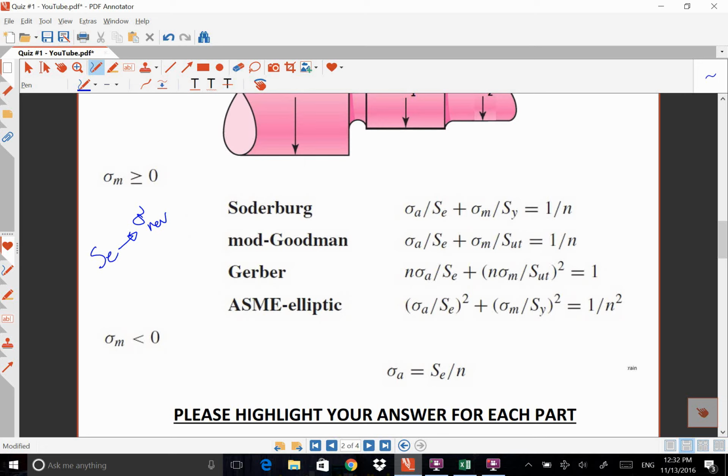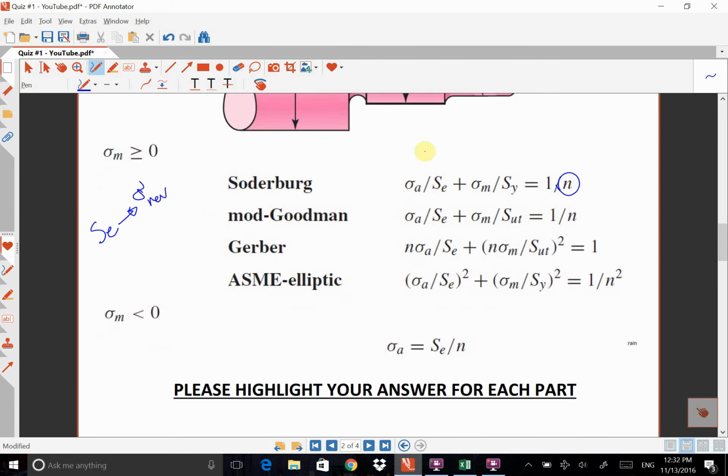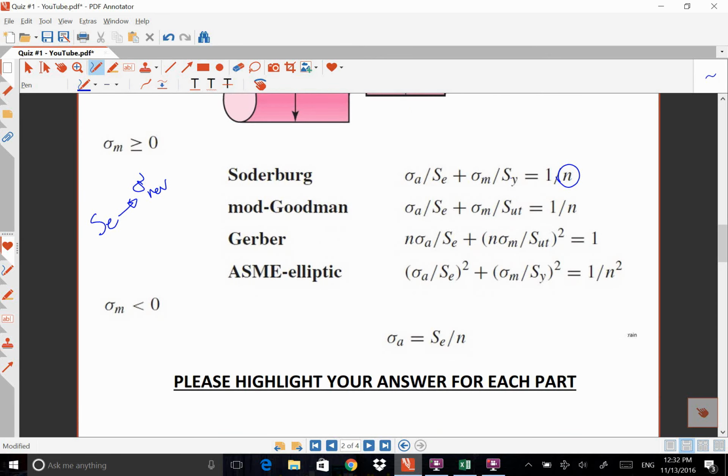These formulas are for when you want to find the safety factors. For example, if you want to find safety factors based on Soderberg criterion, we need to use this equation. We need to put sigma alternating stress and mid-range stress here, and endurance strength and yield stress here, so we can find n. But if you were asked to find reversed stress based on this criteria, okay, I'm gonna rewrite that one.